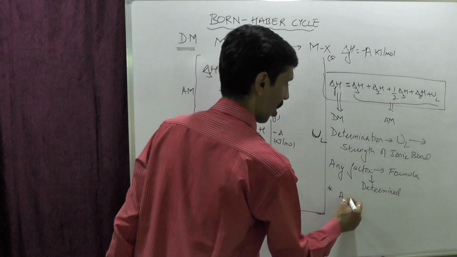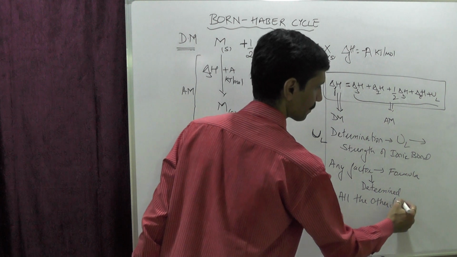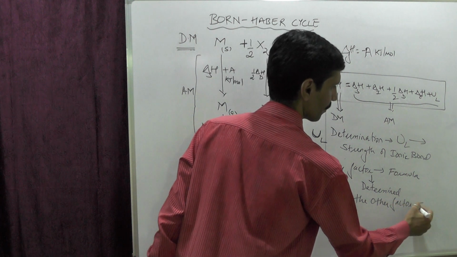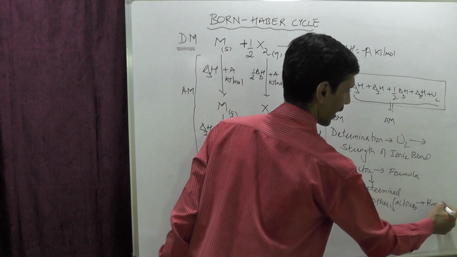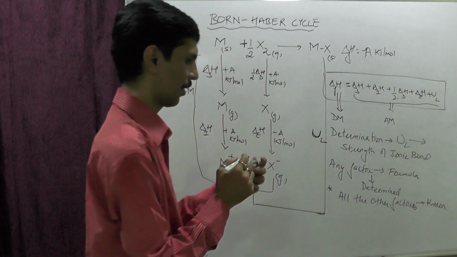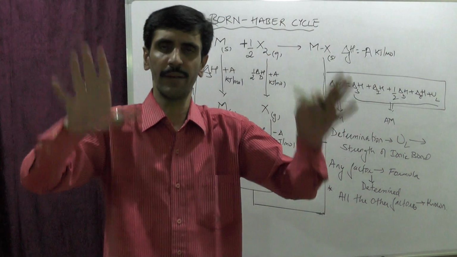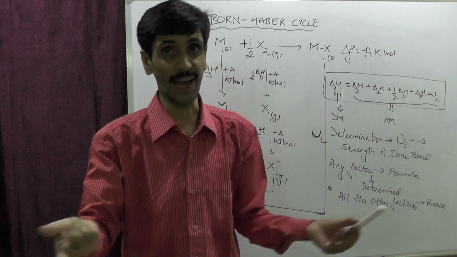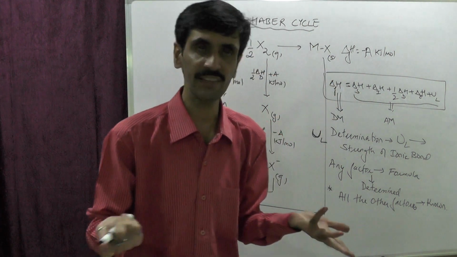When all the other factors are known. And for example, not necessarily always this particular method is only for determination of lattice energy. Sometimes we know the lattice energy, but we don't know some another factor. So we can find out this.